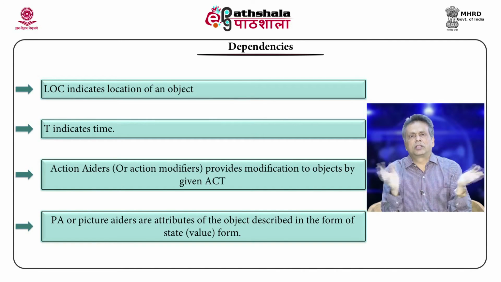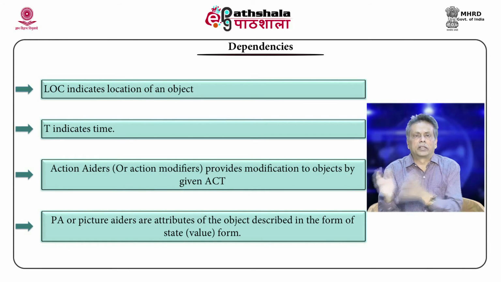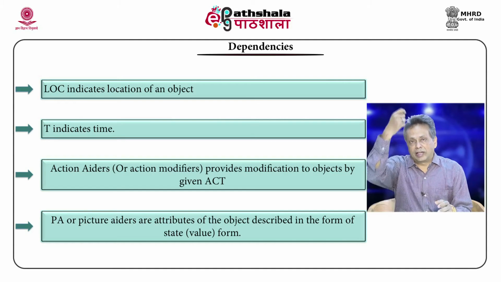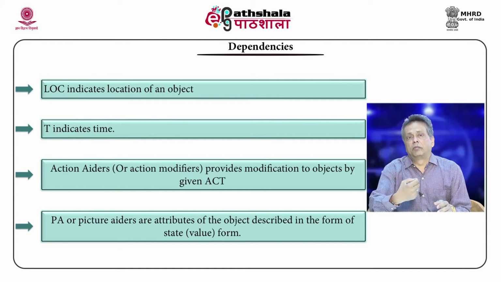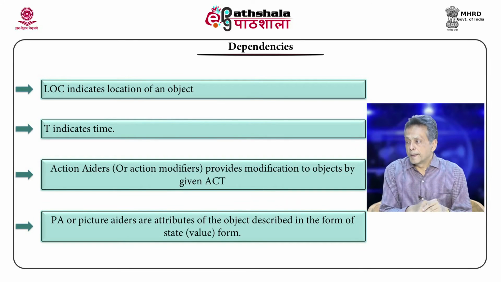Once you say that Milkha Singh ran, it is done, but when you say Milkha Singh ran in Pakistan, that additional information is location. So, that additional Pakistan will have a link, and that link will indicate LOC. That means this link describes the location where this particular action has happened.